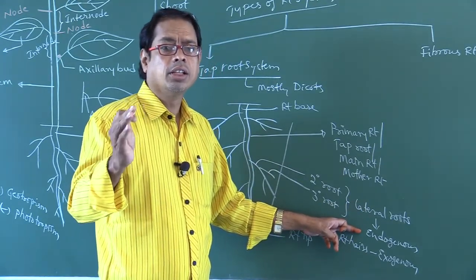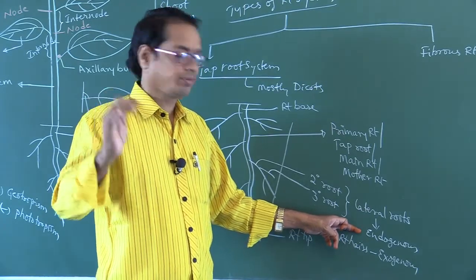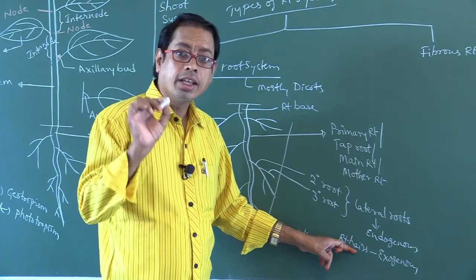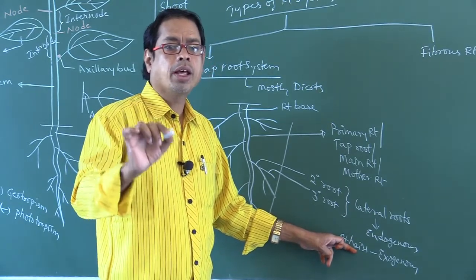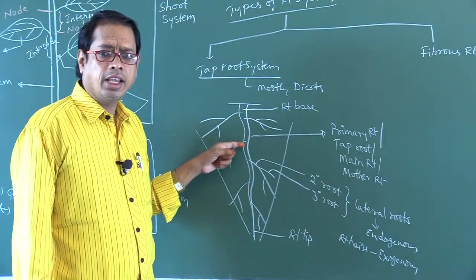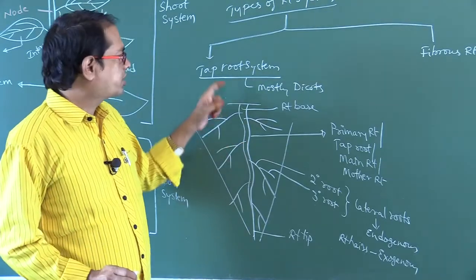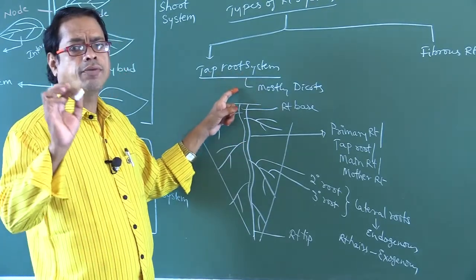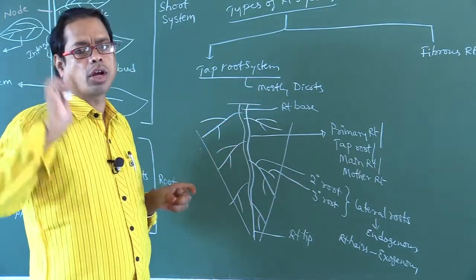Root hairs are exogenous in origin because they are developed from the epidermis of the root. Okay, the radicle is long-lived. This taproot system is mostly found in dicots, never found in monocots.